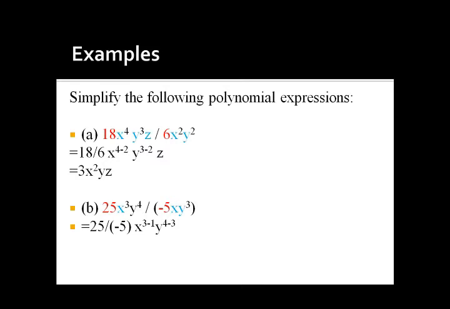And y to the 4 divided by y cubed would be y to the 4 minus 3. Dividing a positive by a negative would be negative, so that would be negative 5. So x to the 3 minus 1 would be x squared, and y to the 4 minus 3 would be y. And the answer would be this.